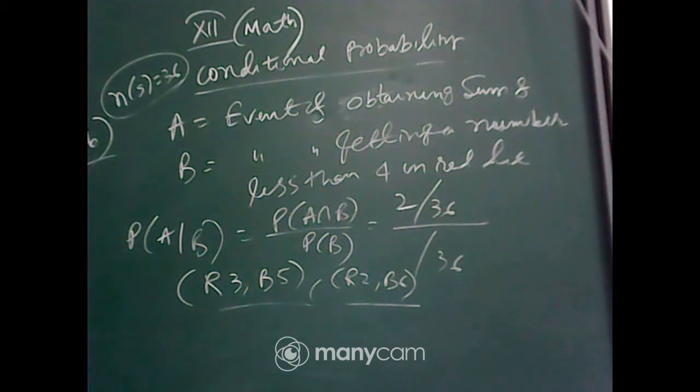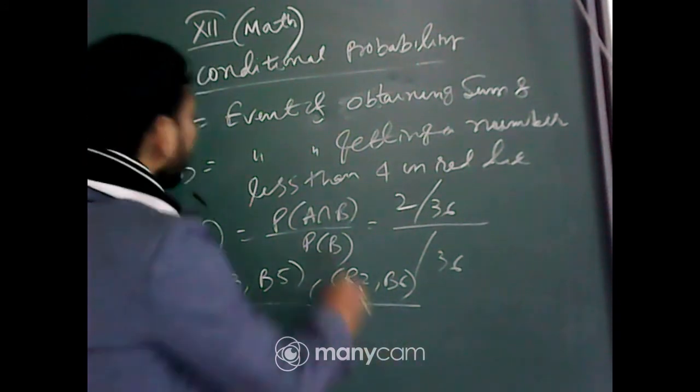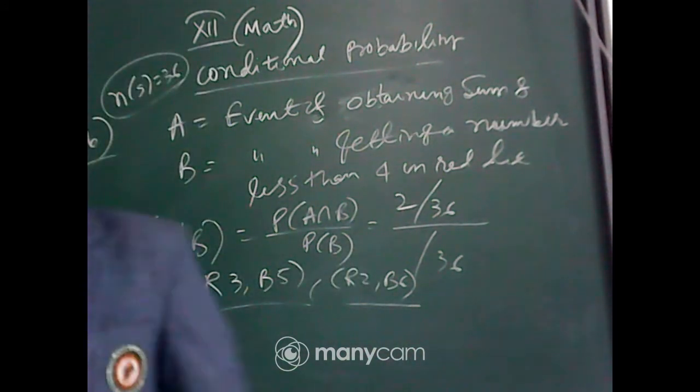Total number of favorable cases for event B is 18, isn't it?